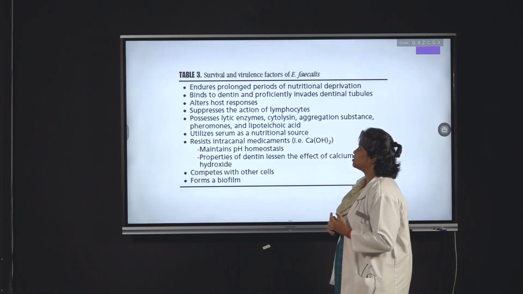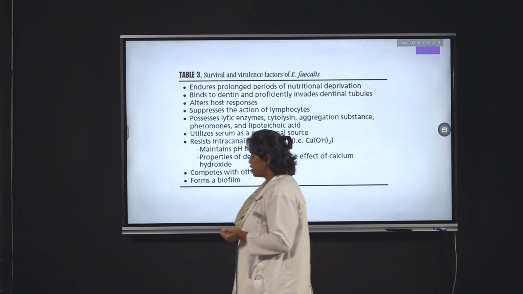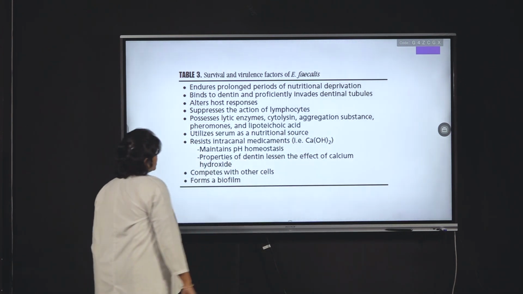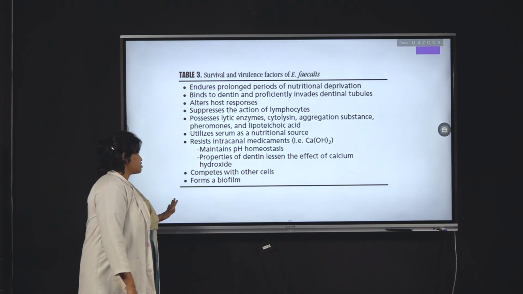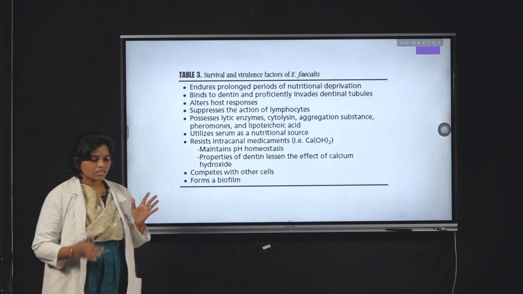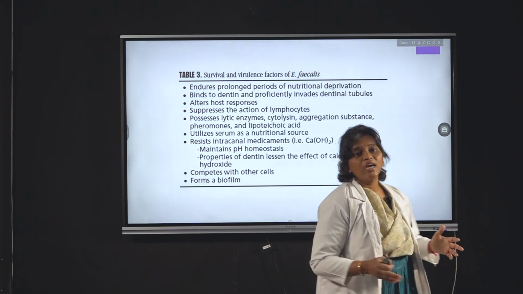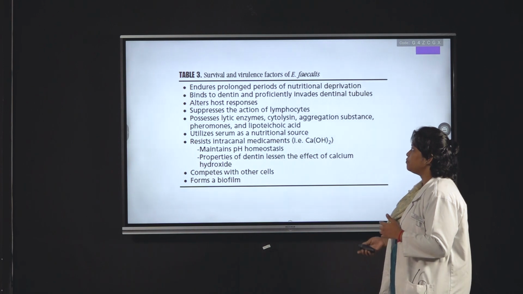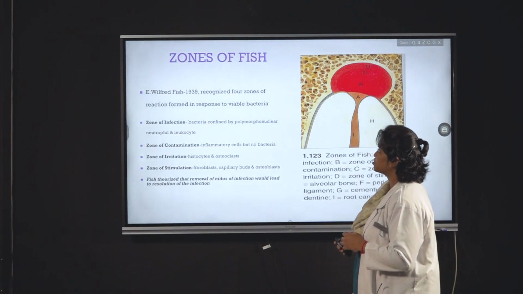It also resists the intracanal medicaments, especially calcium hydroxide. Why? Because it has the ability to maintain pH homeostasis, and it also competes with others. So these are the various significant factors which are very much specific to E. faecalis, which makes it very notorious for secondary and persistent infections.